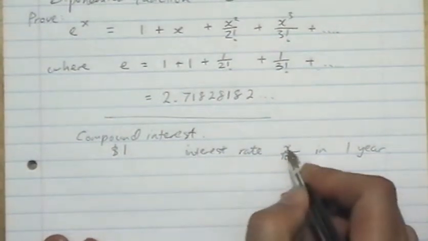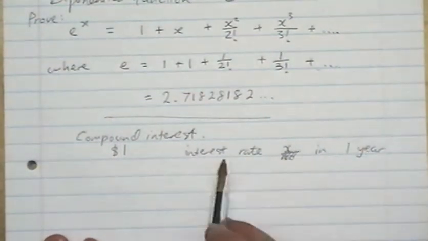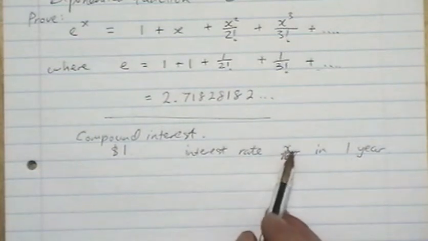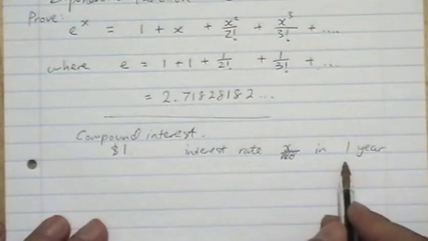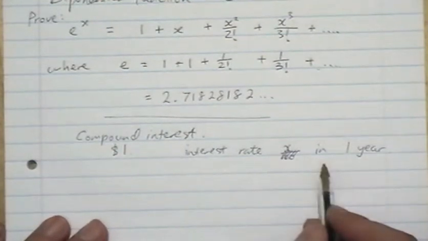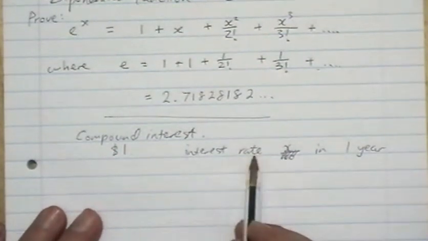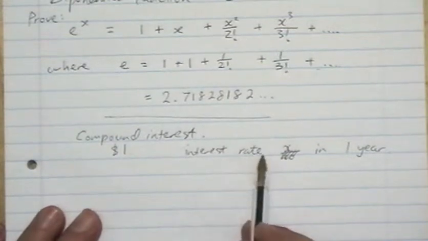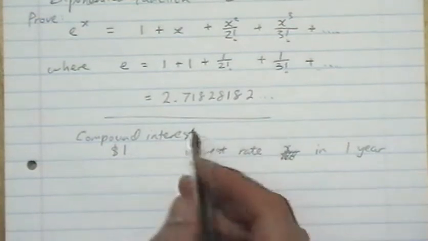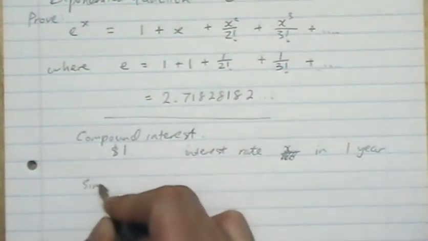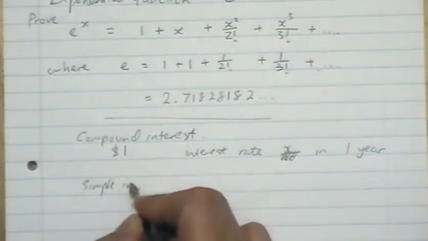Right, I'll drop the 100. I'll just call it the interest rate is x, so x is a certain fraction. So this means that if the interest is only calculated after 1 year, I have a simple interest.